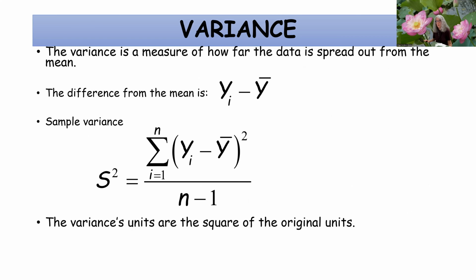That's what we capture in the standard deviation. We start with how far each data value is from the mean. Then I square those deviations and average them, and we divide by n minus 1 because we estimated y bar from the data.